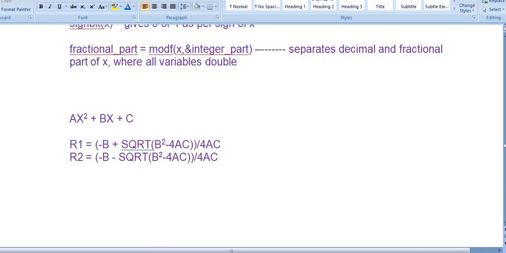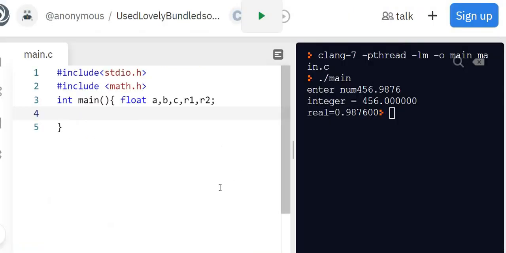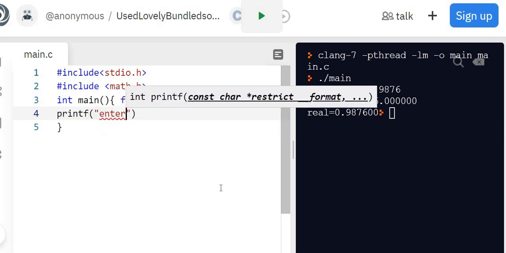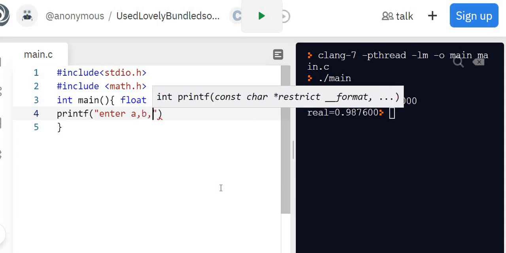Now let's use this in our compiler. So let's read the values from the user. Printf enter a, b, c. So user will enter these values.